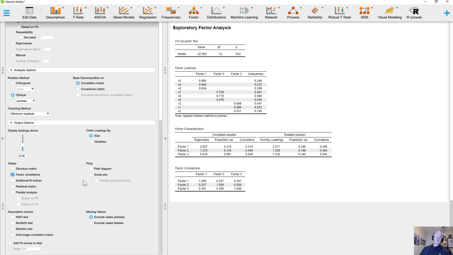And factor correlations. I wanted to show the factor correlations because if you do an oblique rotation, that means you're allowing these factors to be correlated.